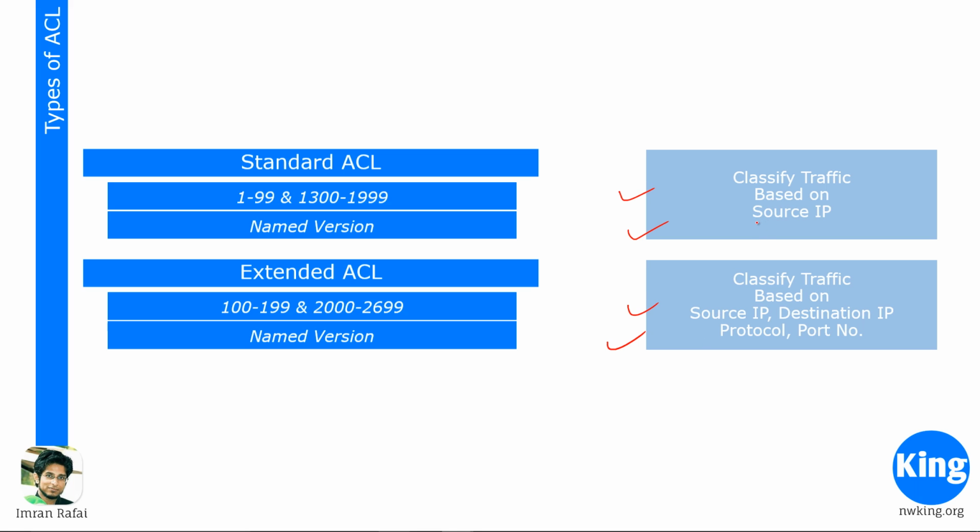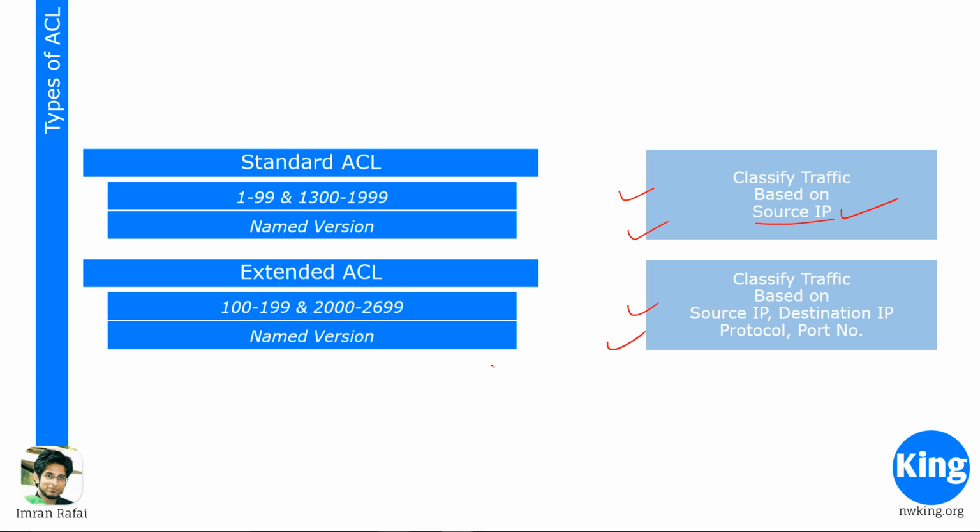So when you use a standard ACL, you can't stop traffic depending on the destination. You can't block all the traffic going to a certain destination. You can only match traffic coming from a certain source, right? So standard ACL is always based on source IP address.